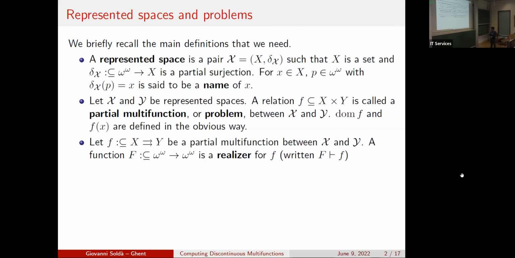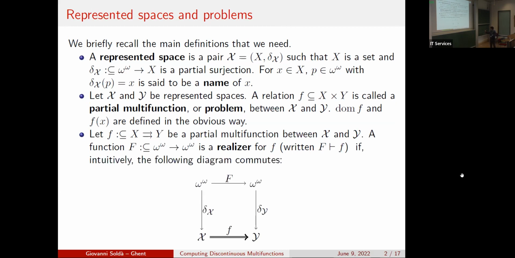Given a problem between X and Y, we say that a partial function between Baire space and Baire space is a realizer of f, whenever big F realizes small f. Intuitively speaking, this diagram commutes. For every point here, you want to be able to go around the diagram the two ways and essentially get the same result.